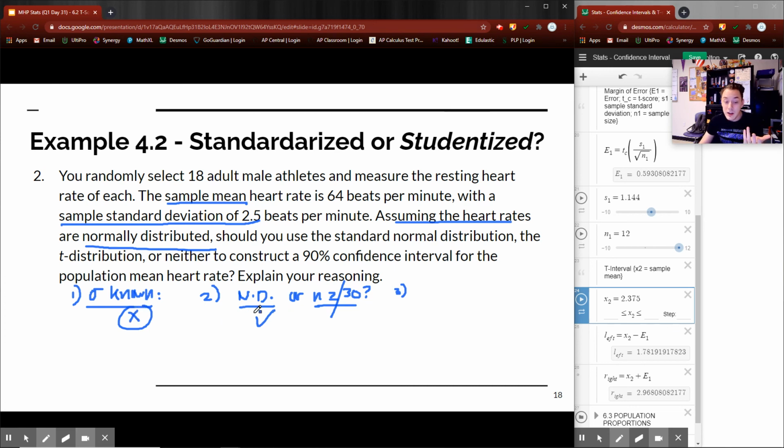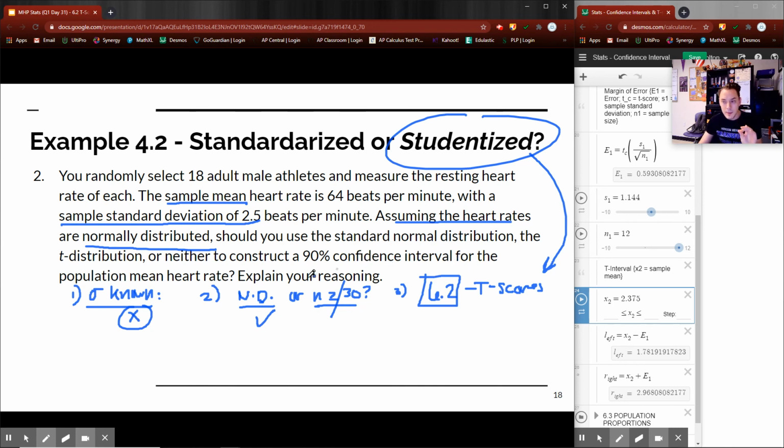It doesn't really matter if it's normally distributed or not, although if it wasn't normally distributed, we couldn't do anything. But since it is, we can at least do 6.1 or 6.2. But now that we know the population standard deviation is not known, we can't use 6.1. We have to use 6.2 t-scores, or what we call the studentized version of confidence intervals.